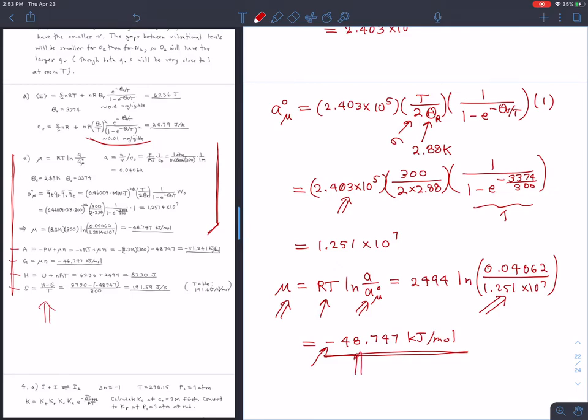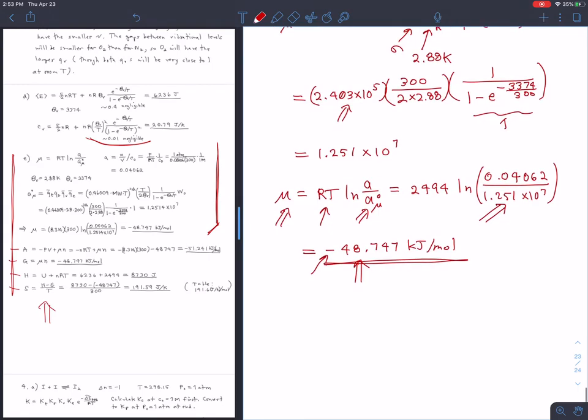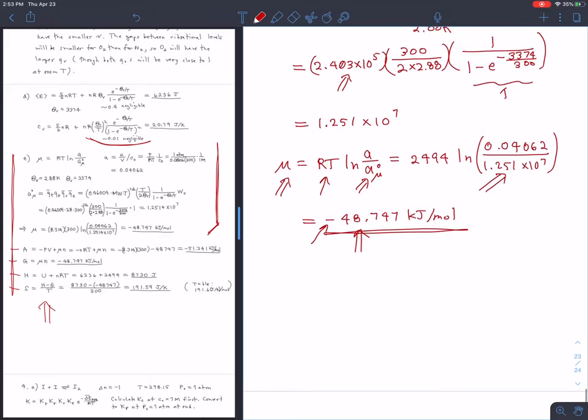So most of this value is caused by the large number of translational microstates available to any molecule in the gas phase. Nitrogen isn't especially large, but it's a large number of states even for small light molecules like nitrogen. All right, that's the chemical potential.